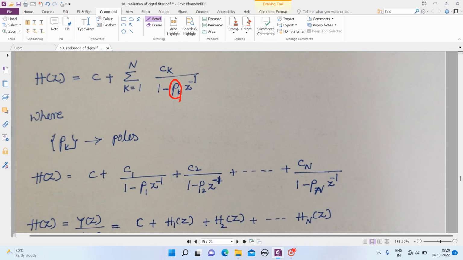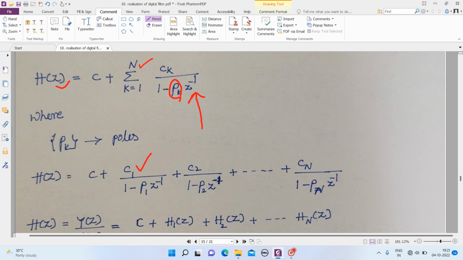Here we are substituting the value of k from 1 to N. So H of z is equal to c plus, the first value is 1, so c subscript 1 divided by 1 minus p subscript 1 z inverse, plus c subscript 2 divided by 1 minus p subscript 2 z inverse, and so on.